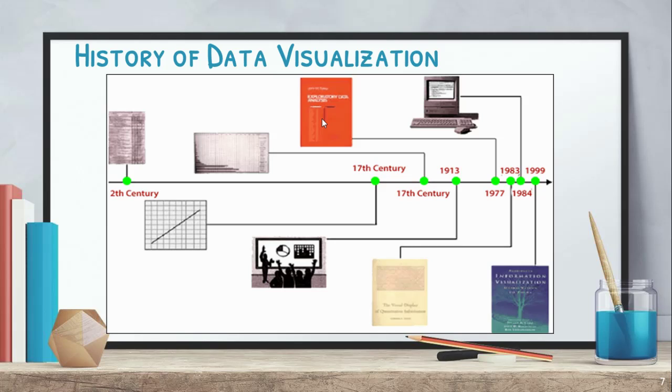Computers made it possible to process a large amount of data at lightning-fast speeds. Nowadays, data visualization has become a fast-evolving blend of art and science that's certain to change the corporate landscape over the next few years.